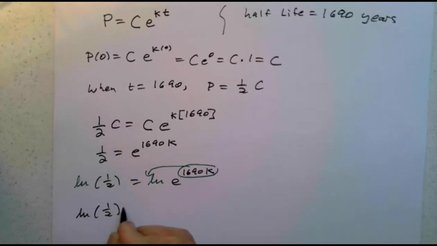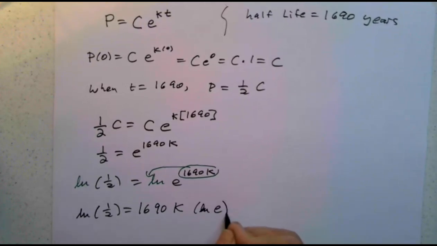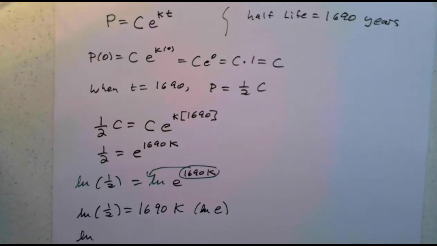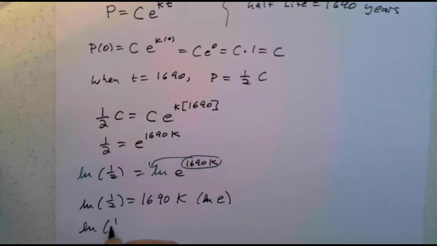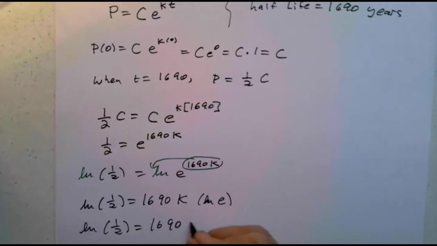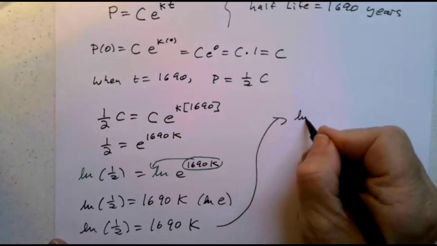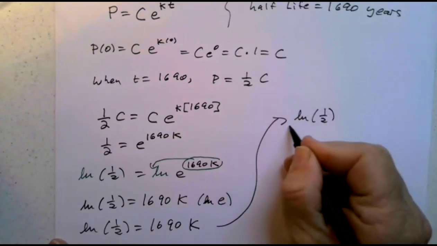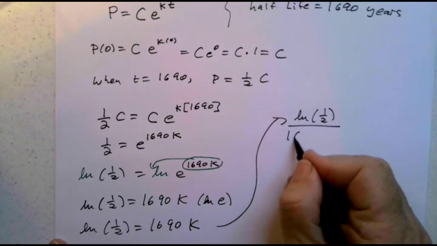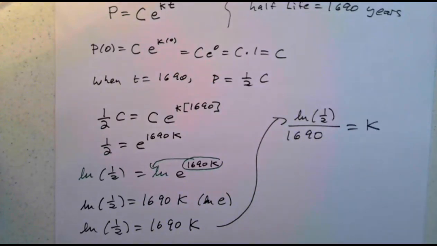Natural log 1/2 equals 1,690K times the natural log of e. The natural log of e is just 1. So the natural log of 1/2 is 1,690K. If I divide both sides by 1,690, natural log of 1/2 divided by 1,690 equals K.